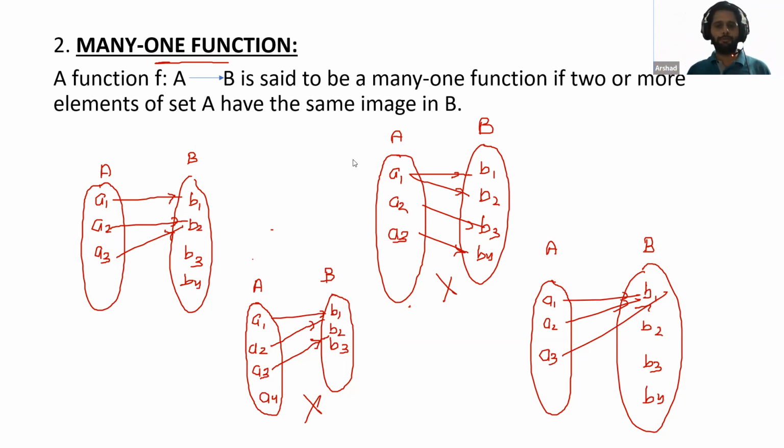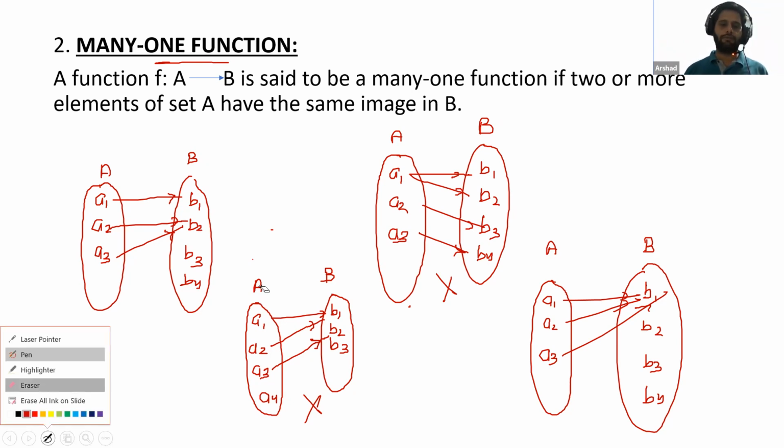Zephyr, please reply to me on the chat box. Okay, Zephyr, very good. So yes, you are correct. This is an any-one function. Please note down the definition and then raise your hand so that we can start the next one.